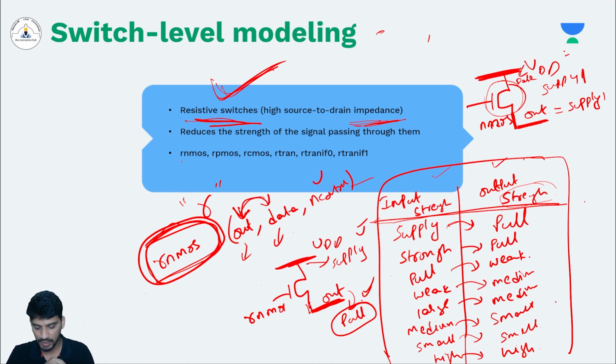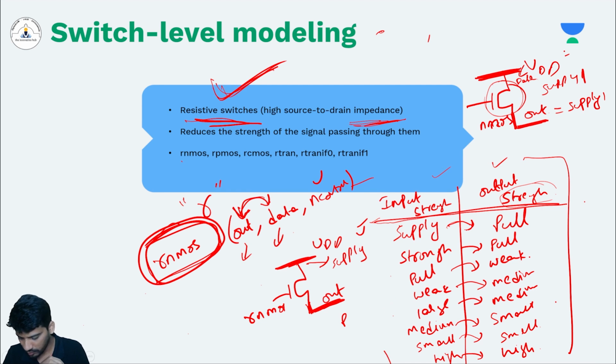Because if you connect this circuit to some other circuit, let's say this output is connected as an input to one more NMOS like this, and this is also an RNMOS, then the strength from here to here will be reduced from full to weak.